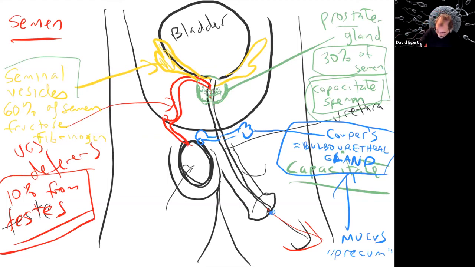So this bulbourethral gland makes this mucus stuff that can then clear the way, get rid of stuff, and get it ready for the reproductive function. And again, it shows up before the guy ejaculates, just during arousal, as that little clear slippery drop at the tip there.